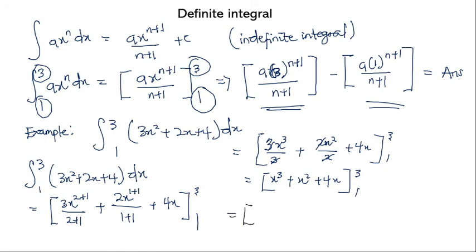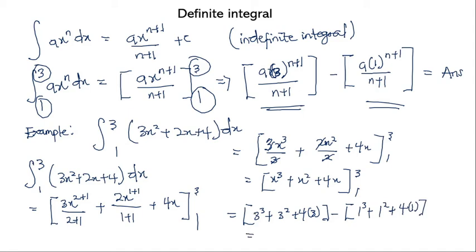First of all, I substitute my 3 over here, so it becomes 3 cubed plus 3 squared plus 4 into brackets 3. Then minus, I now substitute 1 in place of x. So I have 1 cubed plus 1 squared plus 4 into bracket 1.